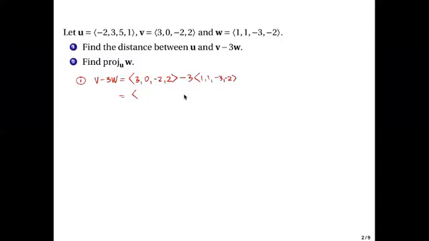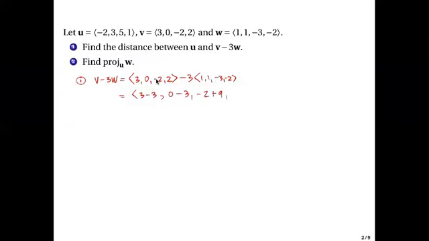So that we will have 3 minus 3 times 1, and then here 0 minus 3 times 1, so 0 minus 3. And then we have -2 minus 3 times -3, so this becomes -2 plus 9.